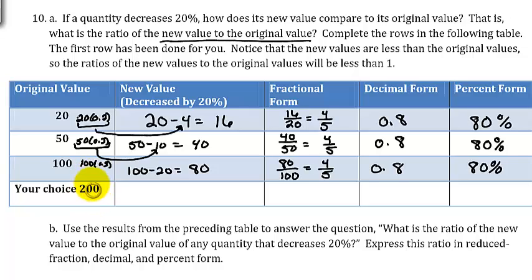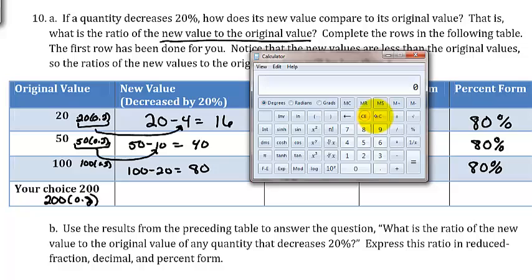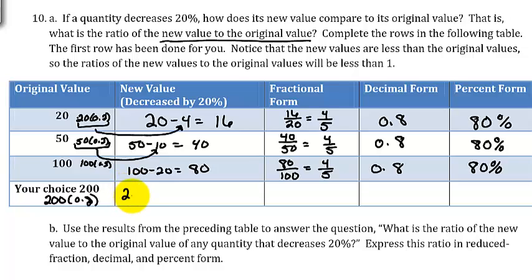You can pick whatever number you want. I chose 200 just because it's a different number and bigger, but it's also an easy number. And so again, to calculate the discount, we take 200 times 0.2, and we get 40, so 200 minus 40 gives us 160.